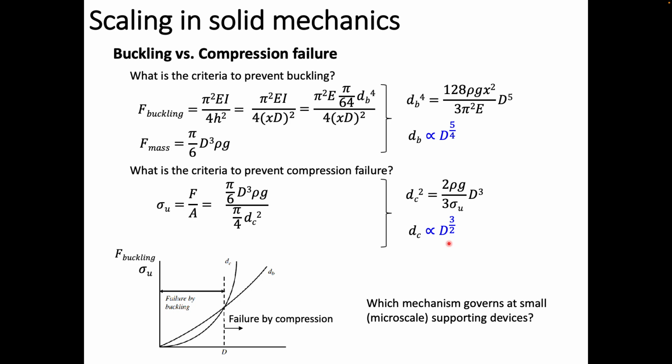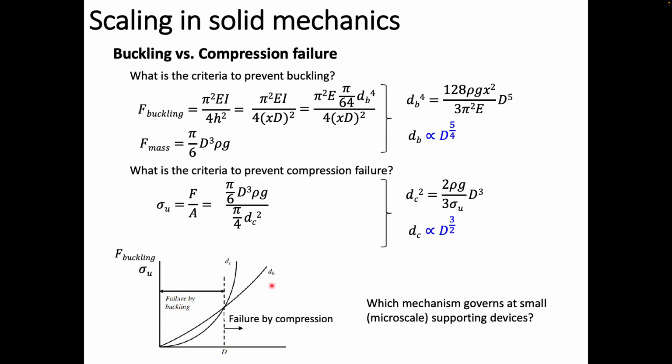With that, we can now plot the failure due to ultimate stress and the failure due to buckling. If you look at it, d_C, with exponent 3 over 2, is larger than 5 over 4, right? So d_C is going to slowly increase, but later on it's going to kick off and be larger than d_B.